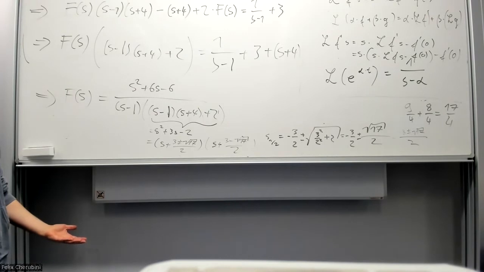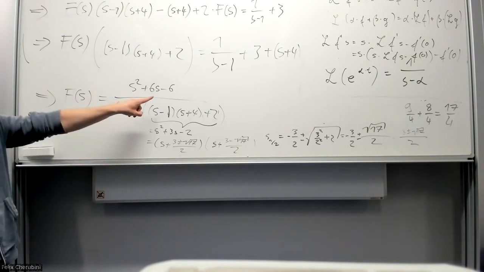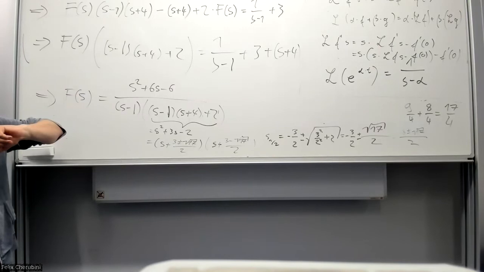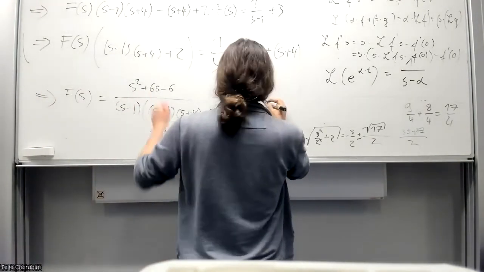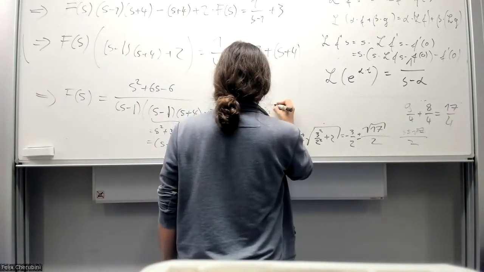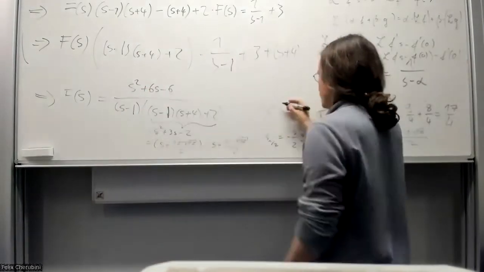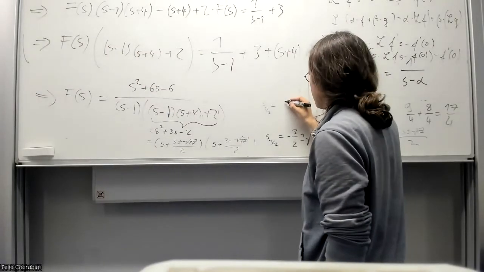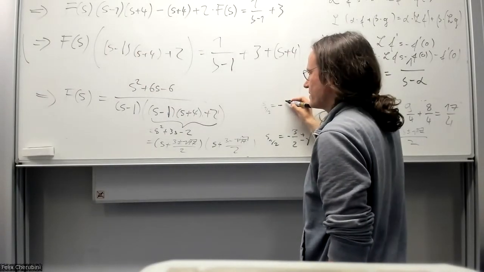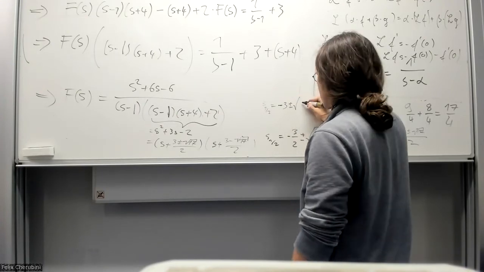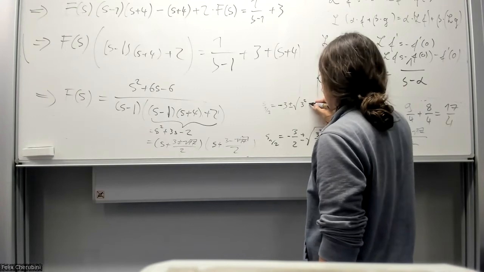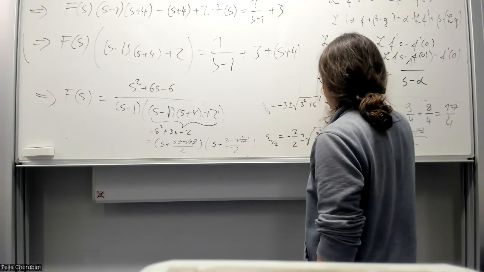Maybe the other factor is, no, it's not. Probably not. But I try anyway to factor the other one. So for this one, we have s1,2 is minus 6 half, so 3 square root 3 squared plus 6.